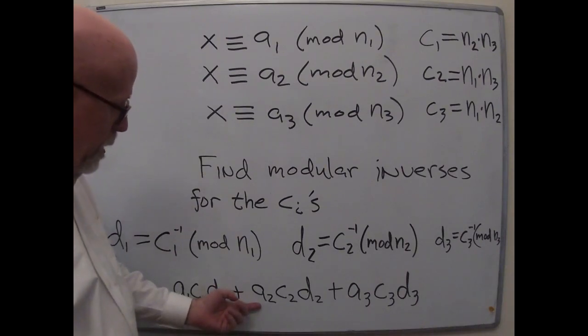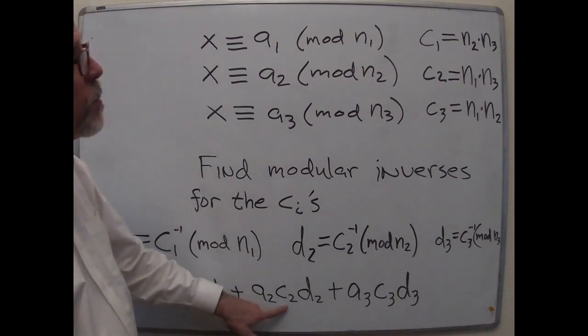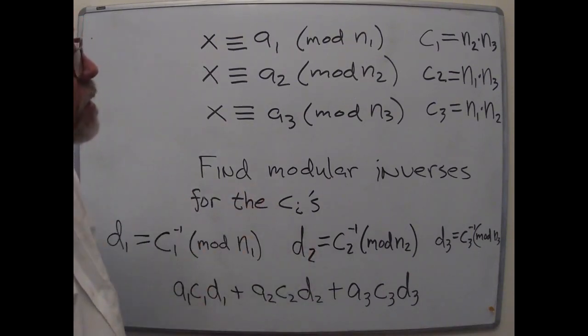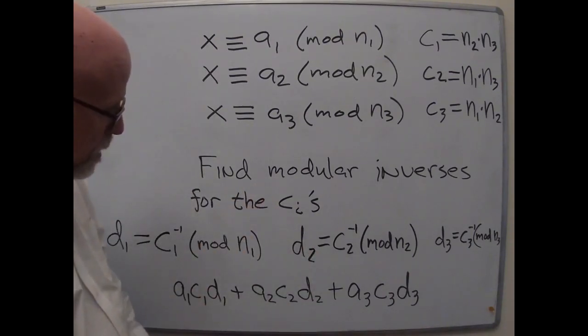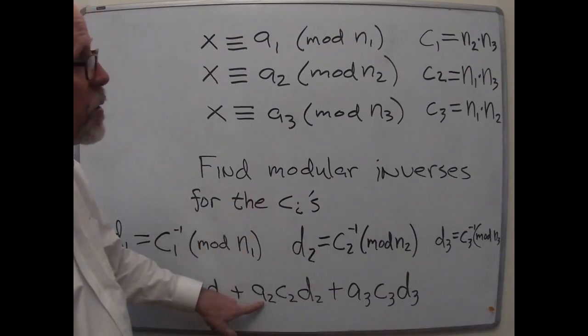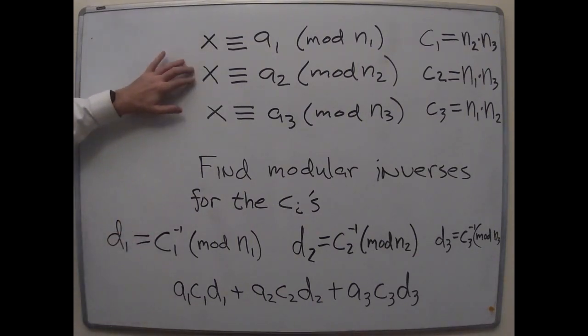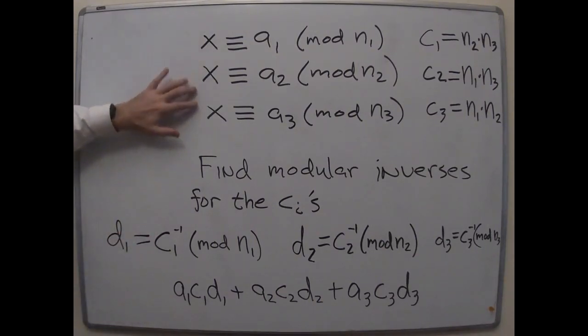Similar trick here, C2 is divisible by N1 and N3, so this whole term is 0 mod the 1 and the 3 moduli, but it's A2 modulo the N2 modulus, and the thing works out just perfectly. This thing, you can build it, it just automatically gives you a number that is a solution to this set of congruences.